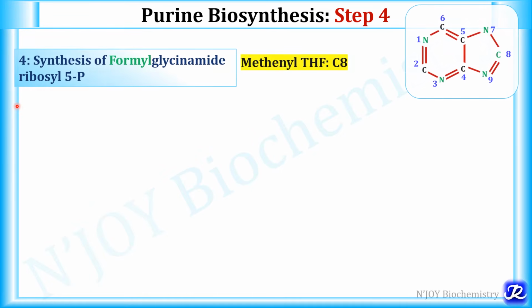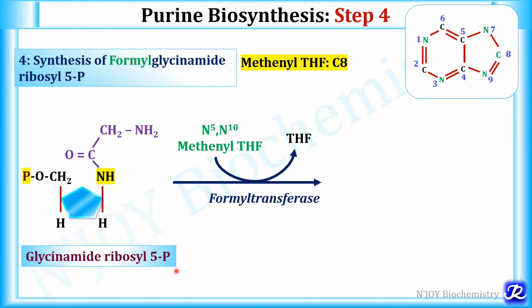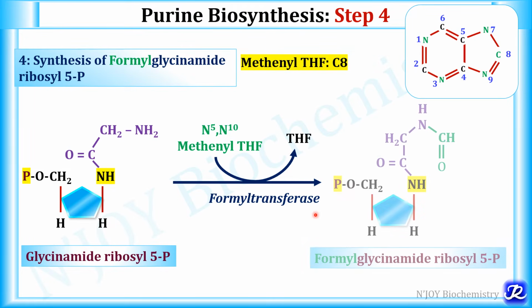Step number 4 is synthesis of formylglycinamide ribosyl 5-phosphate. Tetrahydrofolic acid is the donor of C8. So this carbon 8 is donated in the fourth step. To glycinamide ribosyl 5-phosphate, there is transfer of a formyl group from N5,N10-methenyl tetrahydrofolate, and that's why the enzyme is formyl transferase, and there is formation of formylglycinamide ribosyl 5-phosphate.